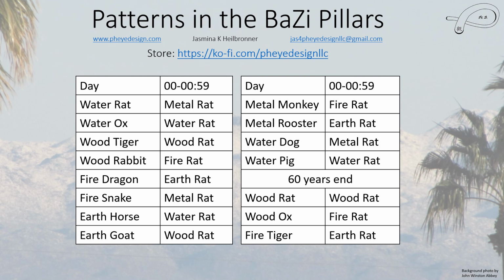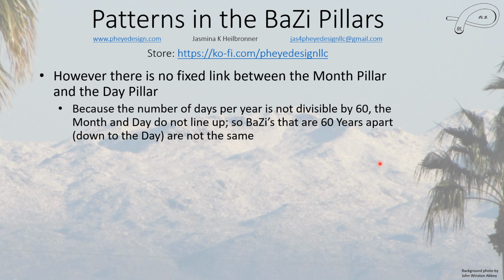Now, that doesn't mean we have a 60-year cycle. And that's because there's no fixed link between the month pillar and the day pillar. And that's because the number of days per year is not divisible by 60. It's not 360 days a year, it's 365.25, roughly, days in a year.